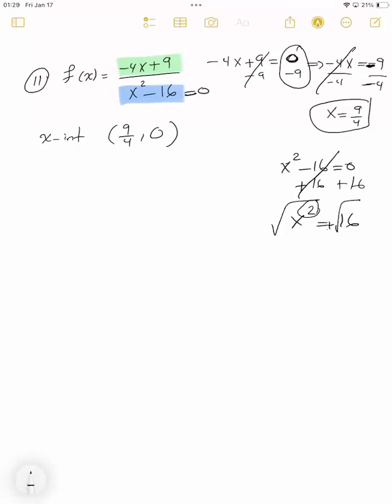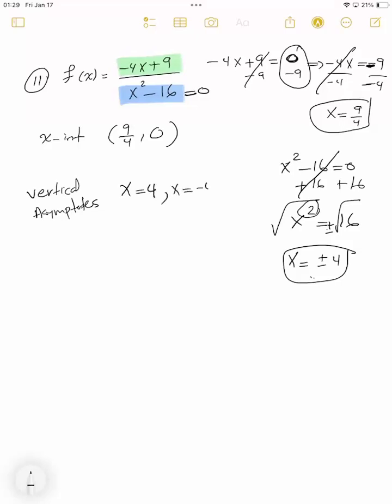The number side gets positive and negative. The square root of 16 is 4. So you do have vertical asymptote. You have two of them. x is positive 4 and x is negative 4. If you miss one, you're not going to get the credit.